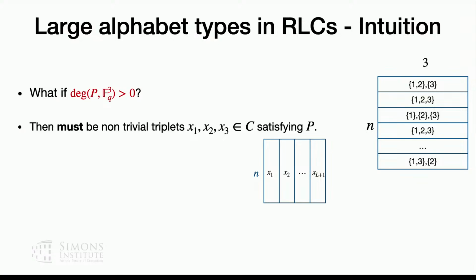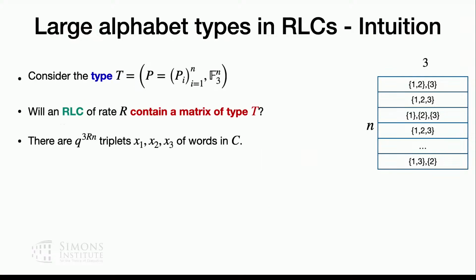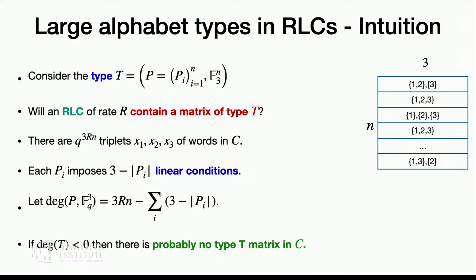Because the degree is the number of degrees of freedom minus the number of linear constraints. If there are more degrees of freedom than linear constraints, then there are non-trivial solutions, always. It's not probabilistic, it's just a fact.